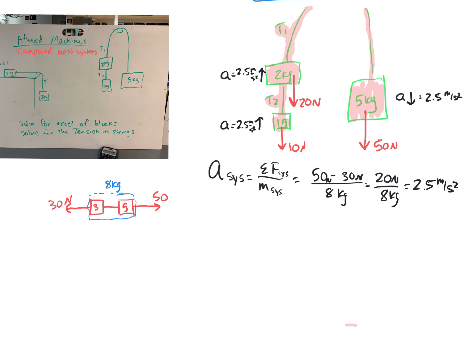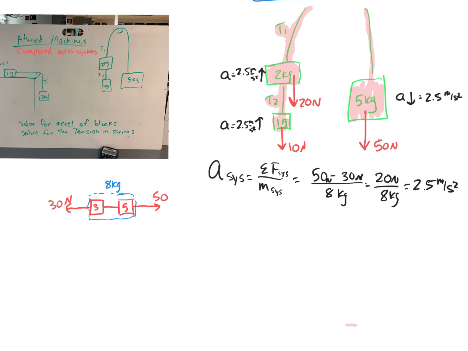So when I write these statements of one force minus the other, I want to reveal the reason why I'm always organizing it this way. How do I know to write 50 minus 30 and not 30 minus 50? If you get in the habit of always putting the force in the direction of the acceleration first, 50 goes with the acceleration. So any forces going with the acceleration come first, minus any forces going opposite the direction.